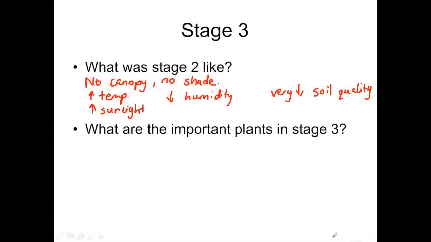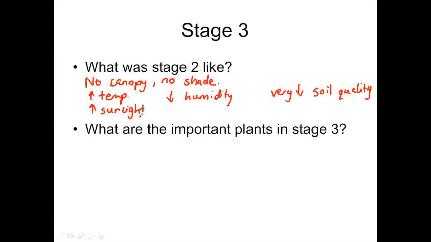When the grass and stuff in stage 2 die, they add to the humus. Because the biomass of this vegetation is very low, we're going to get less humus. If I have less humus, the soil quality will not increase at a very high rate. So the soil quality is still very, very low in stage 2.